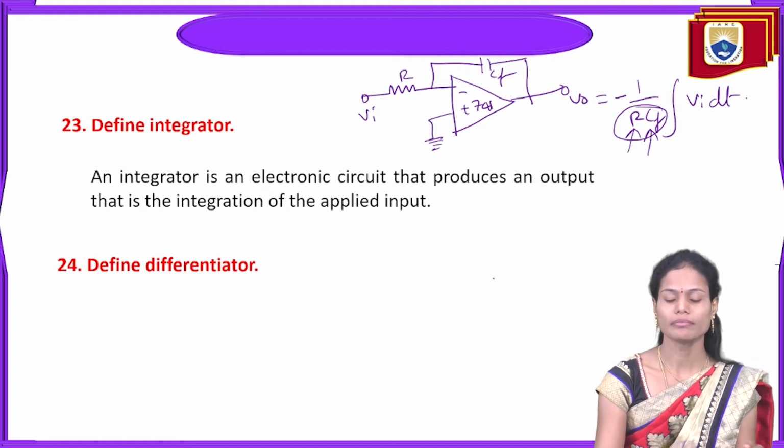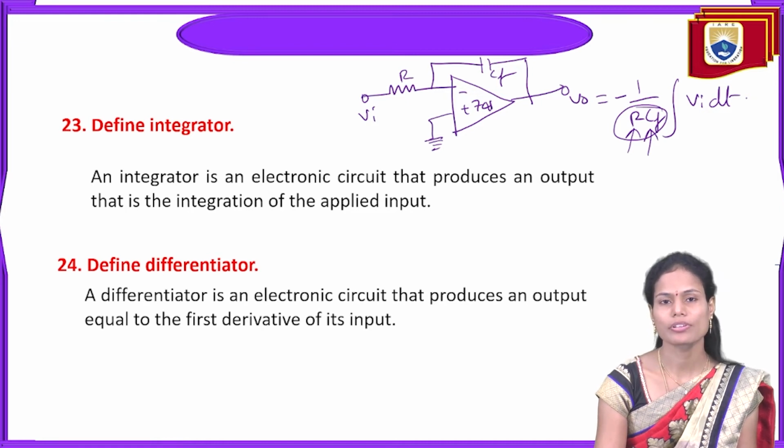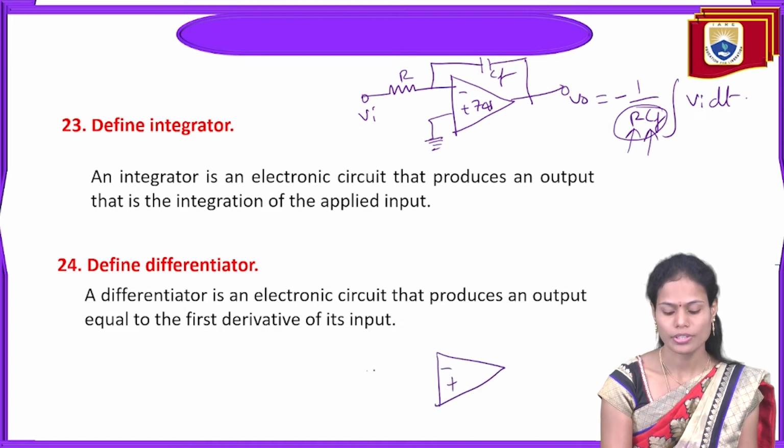And next, define differentiator circuit. So here differentiator is also one of the electronic circuits which produces the differentiation of the applied input signal here. So in the case of op amp, we are able to design the differentiator.